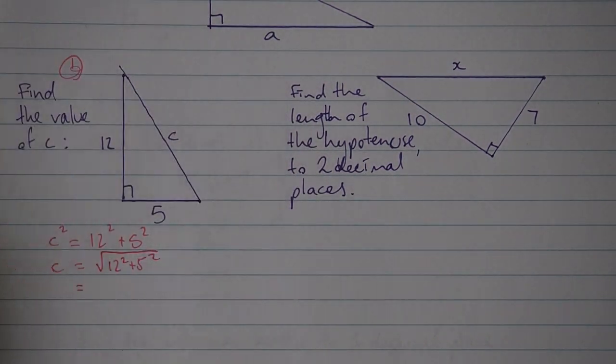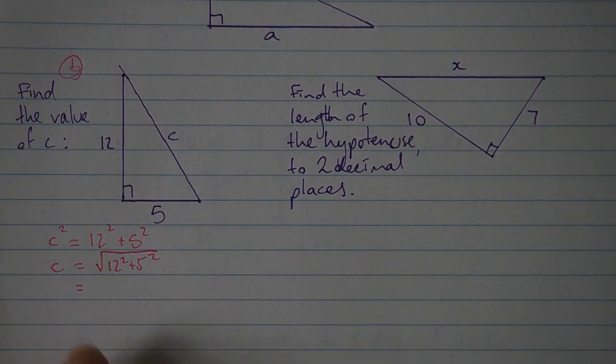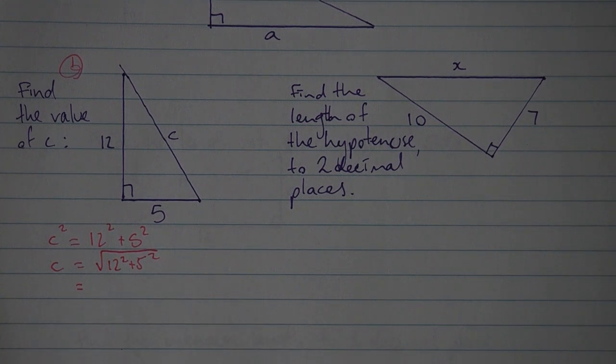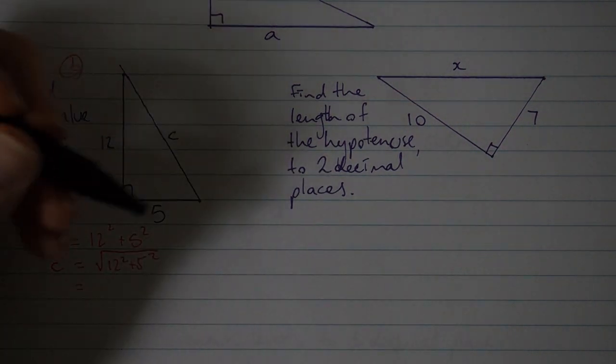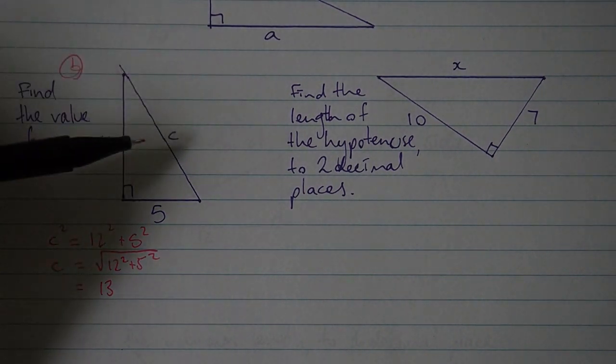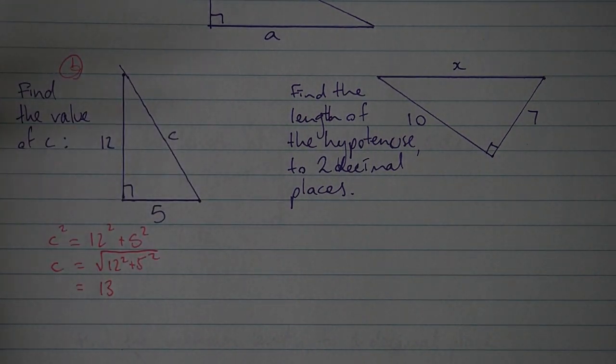Now I can put that in my calculator exactly as I see it: the square root of 12 squared plus 5 squared, making sure that all lies under the square root on your calculator. And that's going to give me an answer of 13. So our hypotenuse is 13 units long.